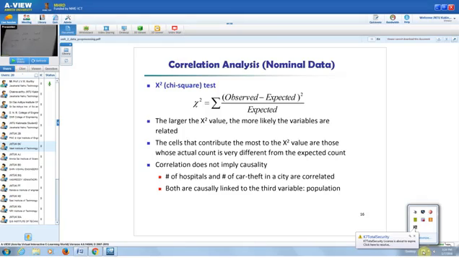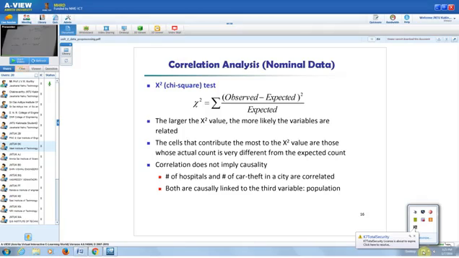See, you have the expected values. What is the formula for expected value? Your Eij is equal to count of A equal to Ai into count of B equal to Bj, over N. Right? That is the formula. Got my point? So here, what is N?